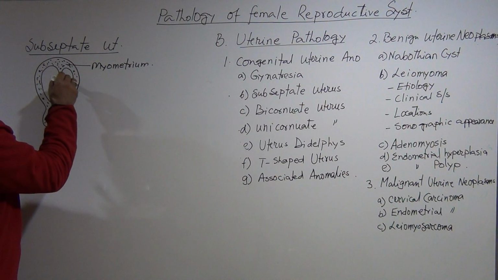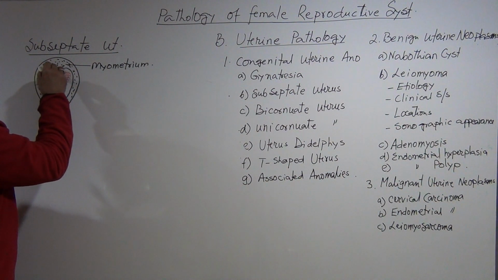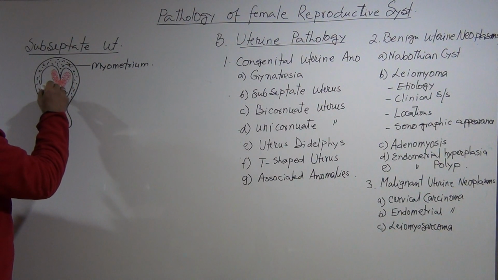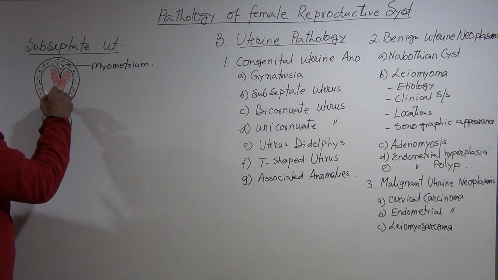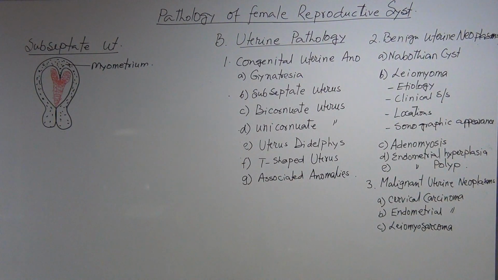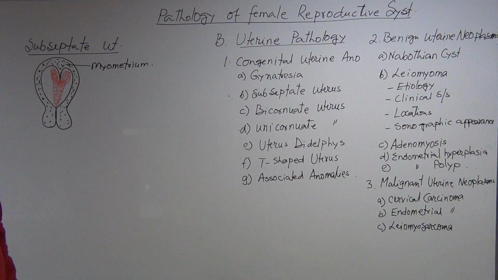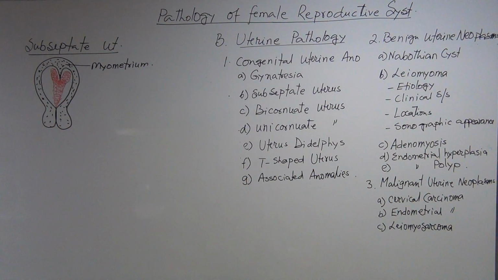Endometrium will show you a butterfly appearance, like two wings, and you can see it better in transverse view through that level, upper part of the body.